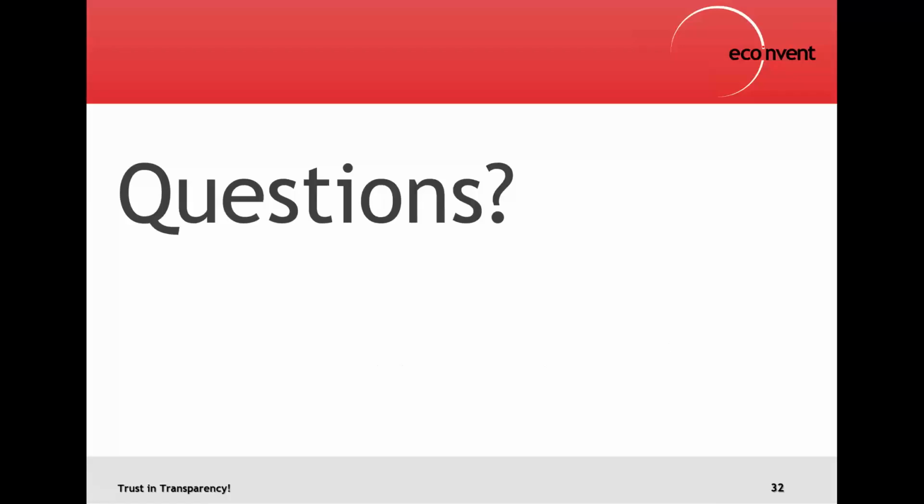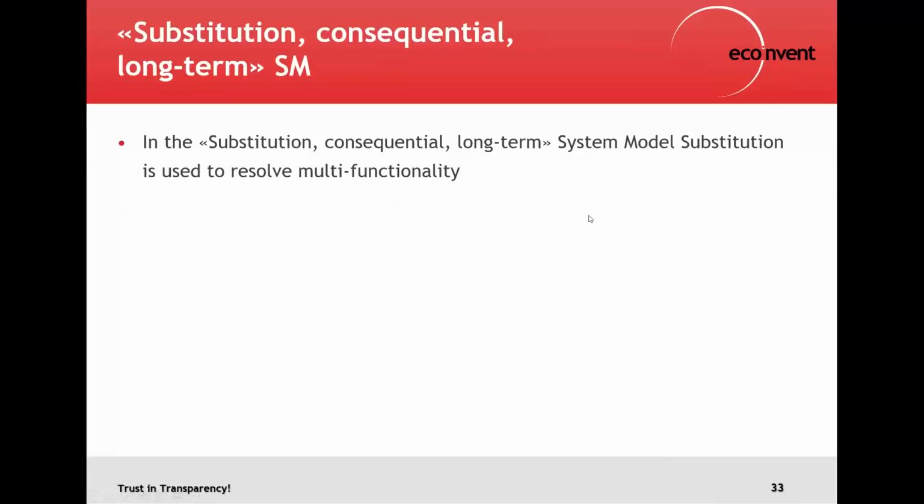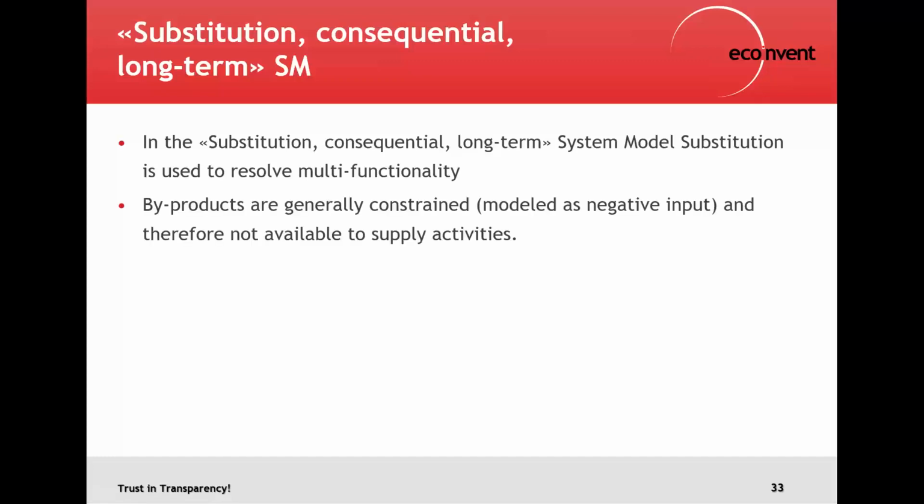Okay, we can move forward and start the final system model: substitution, consequential, long-term. In this system model, substitution, as has been mentioned, is used to solve multifunctionality. The byproducts are constrained. They are modeled as a negative input, as we have seen, and therefore they are not available to supply activities.